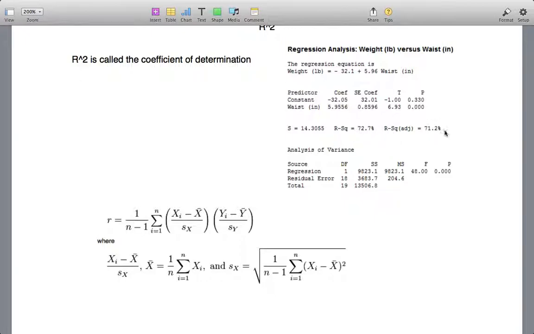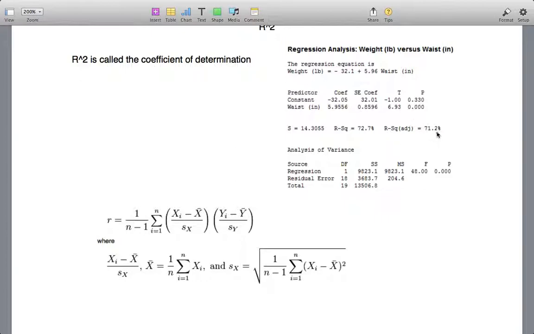R squared adjusted is just another way of giving you information about the fit of your data, but it's communicating also that there's something unknown about your population.